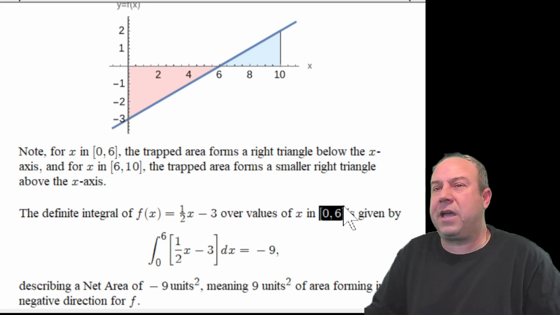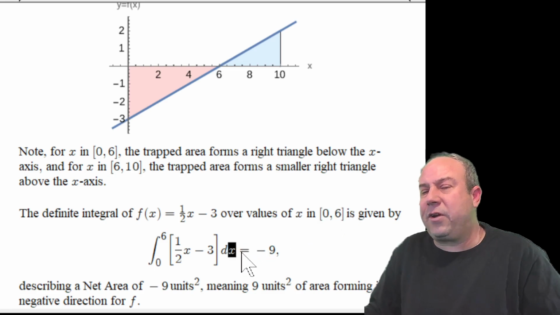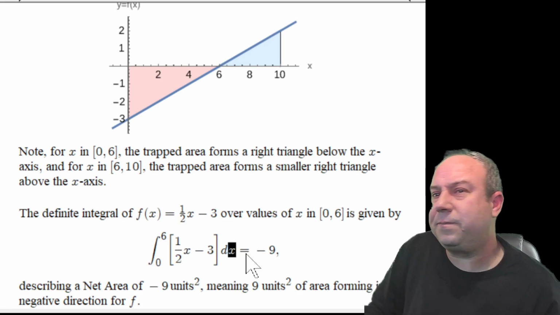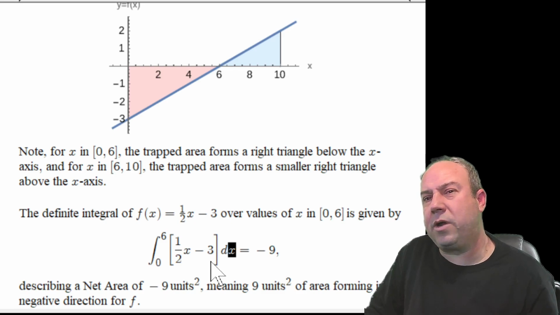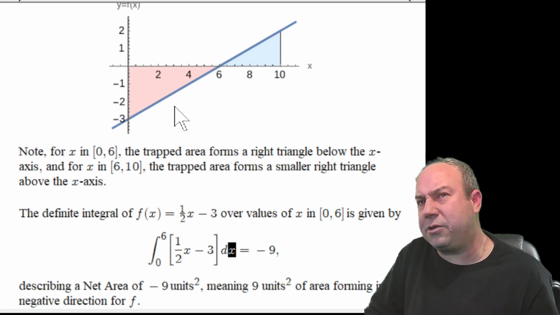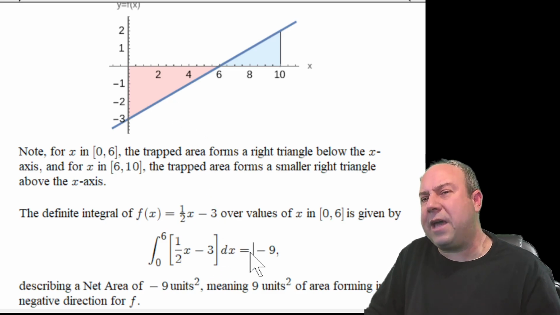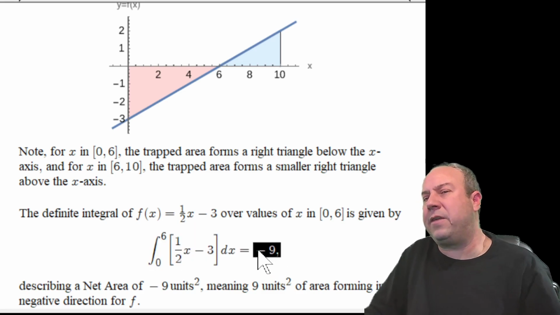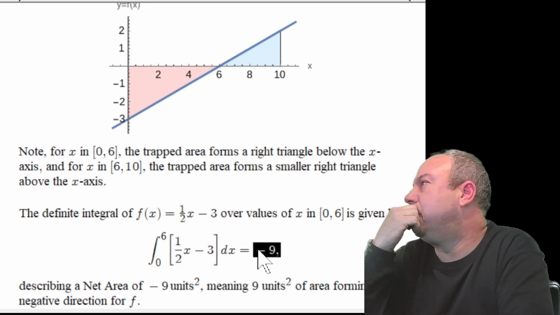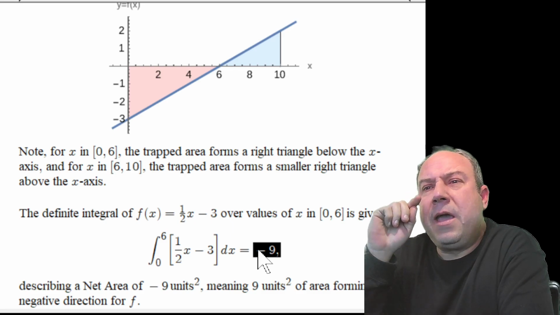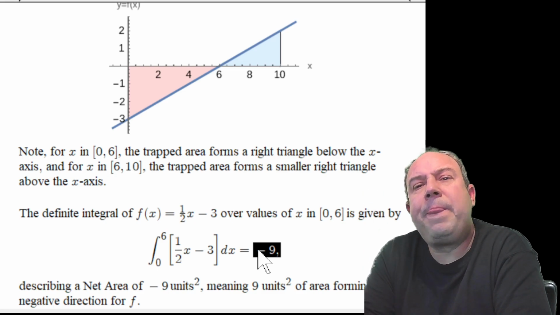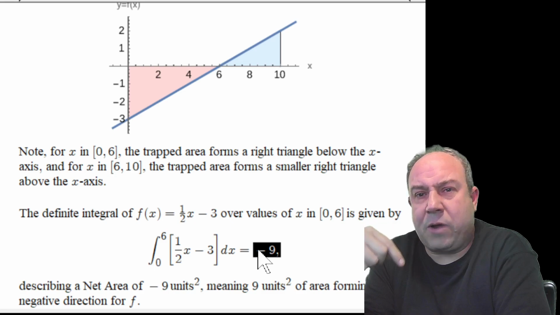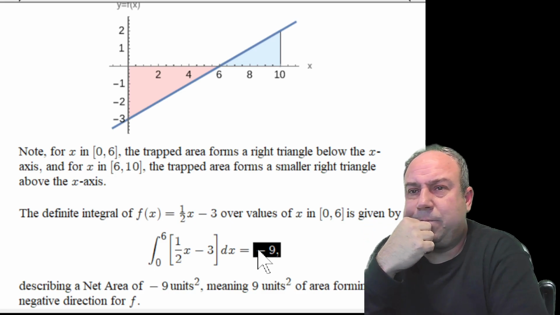And since variable x is of interest to us, we perform that calculation with 1/2 x minus 3. When we look at the picture, we calculated that using the area of a triangle and found it to be -9 in value. And as we had said, the -9 means that we have 9 units squared of area that form in the negative direction for our function f.